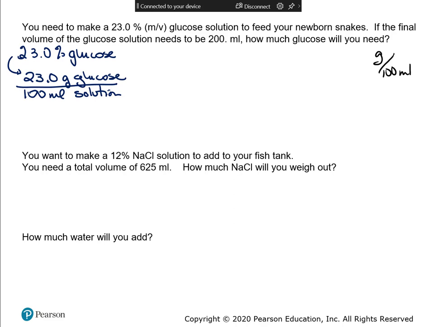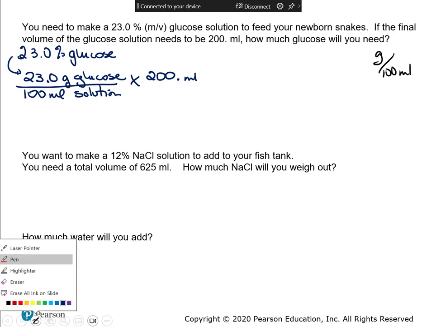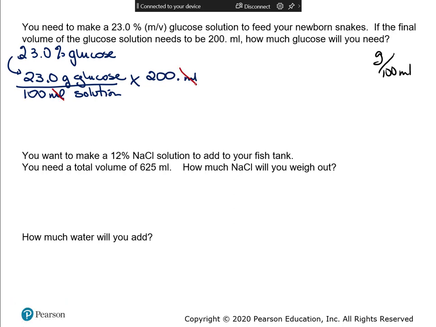And now how do I find the amount of glucose? You multiply it times 200 milliliters. Do you see that milliliters and milliliters will cancel? So the unit in the top and the unit in the bottom, they will cancel. Milliliters and milliliters will cancel, and that tells you grams of glucose.